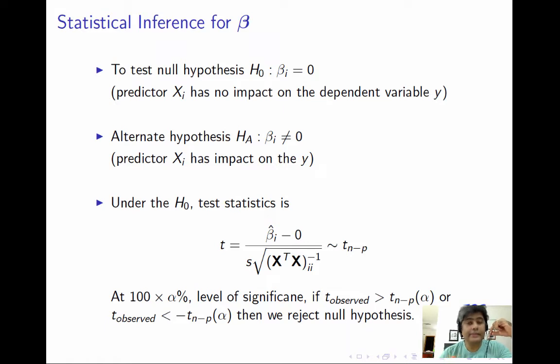Remember that in classical statistical testing of hypothesis, you don't accept the null hypothesis. You start from the assumption that your null hypothesis is true, and then in the light of the sample, you either reject it or fail to reject it and stick to the null, saying that xi does not have any effect on your dependent variable or target variable.